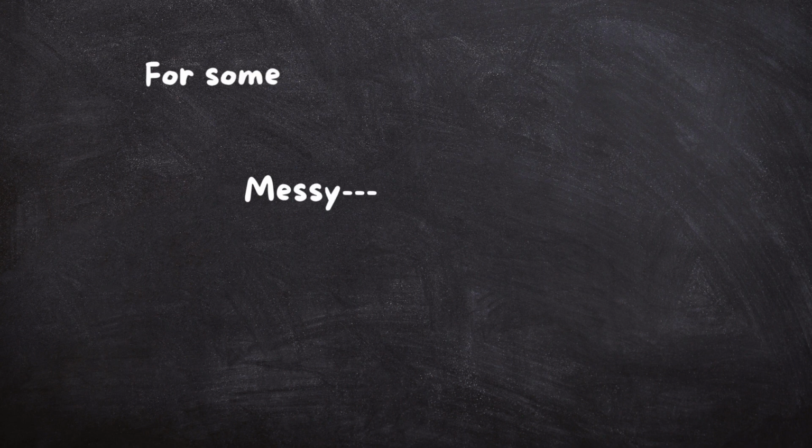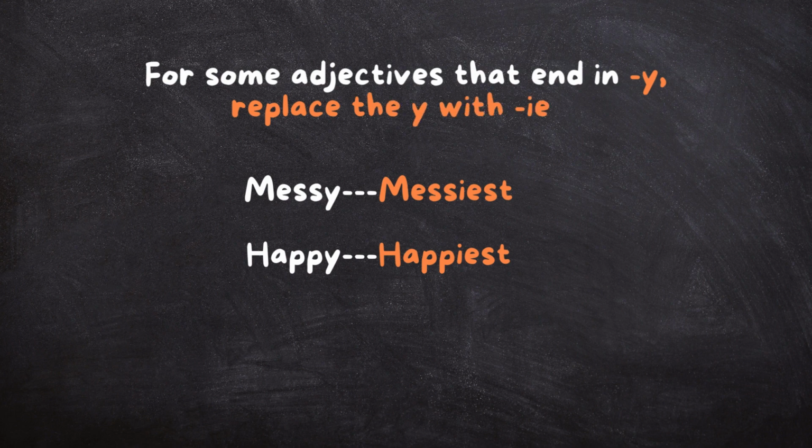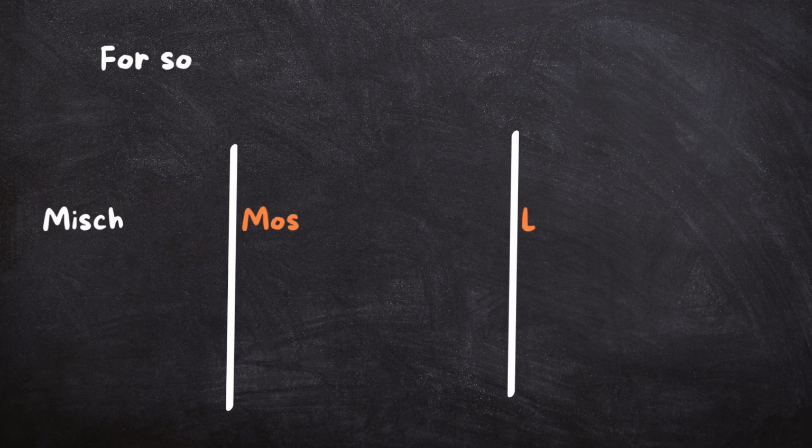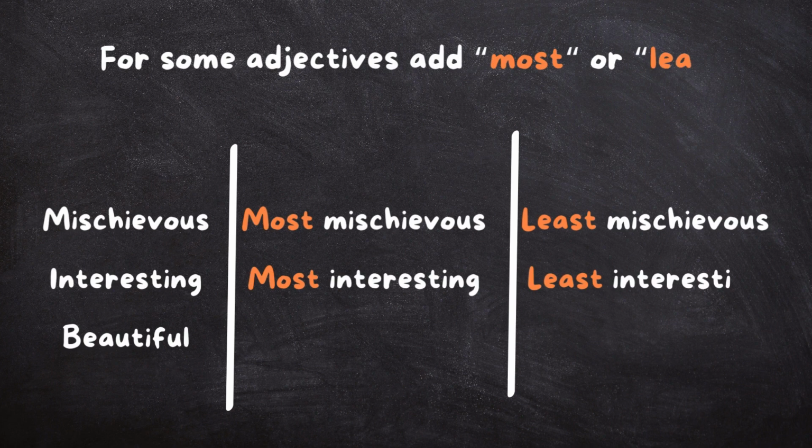Now for some adjectives that end in y, replace the y with iest. So messy ends with y, we replace the y with iest, we get messiest. Happy, happiest. Now for some adjectives, add most or least before them to make their superlative forms.